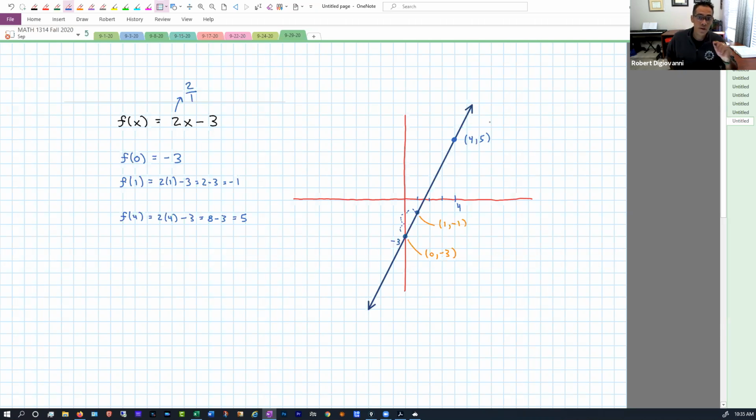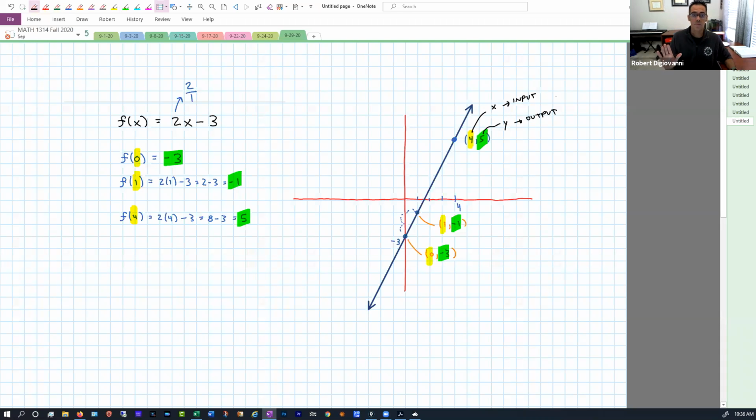So what I want everyone to see is that the 0, the 1, the 4 are the x coordinates, and what comes out of the function, -3, -1, 5, are the outputs, or the y coordinates. So the x coordinate is your input and the y coordinate is your output.